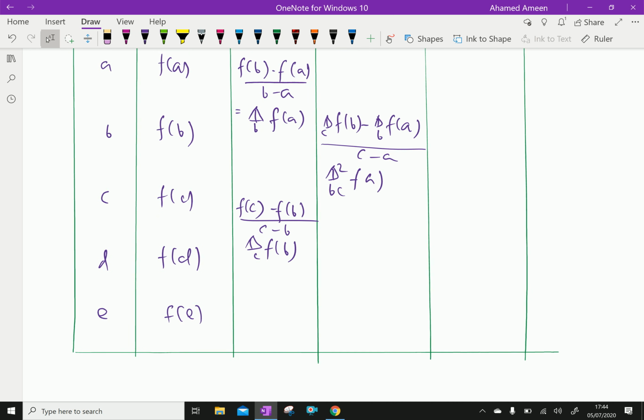Then for the next second difference, we write delta cross of f of c minus delta cross of f of b, over d minus b, which equals delta cross square f of b at c, d. It continues for the values of e like this in the table.